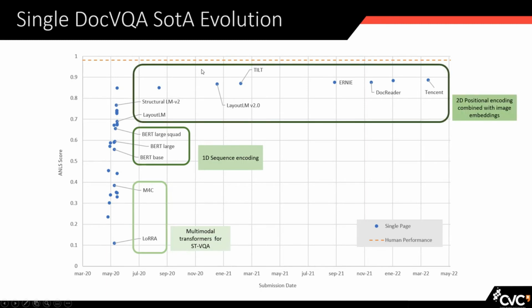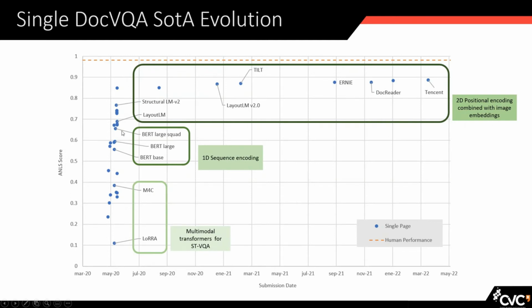And then this last group are the two positional encoding methods, which also combine the semantics with the layout and the image embedding. So they are quite more advanced and complex, and the performance is also better.